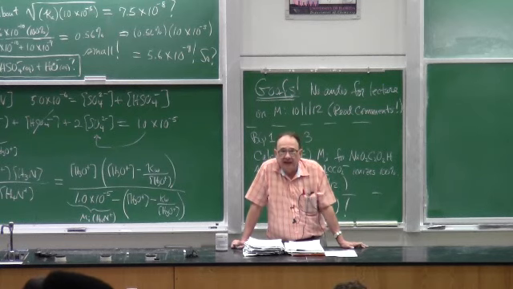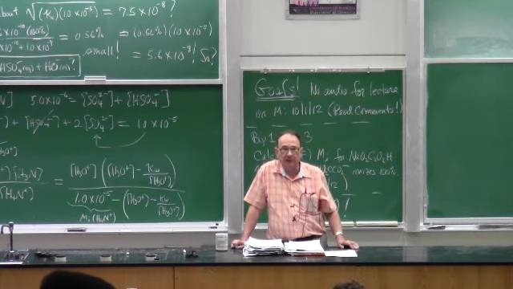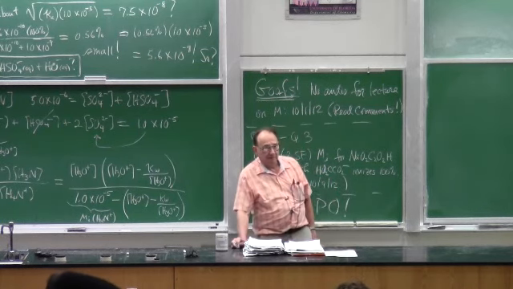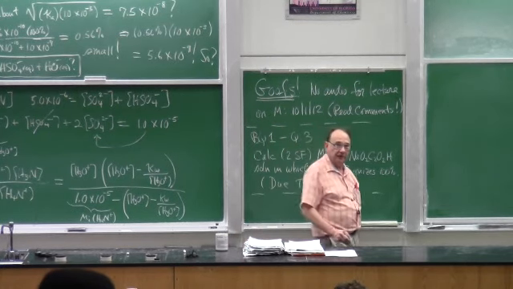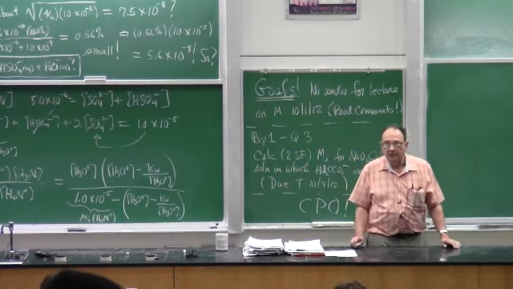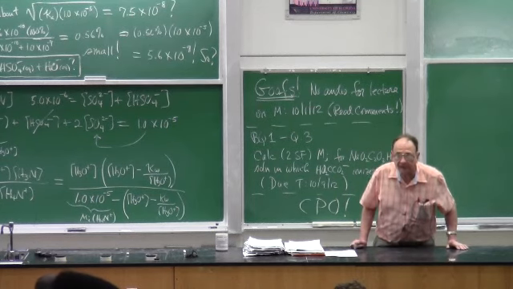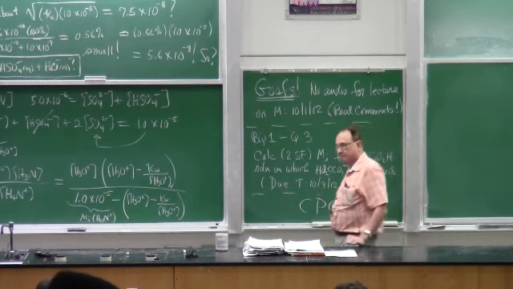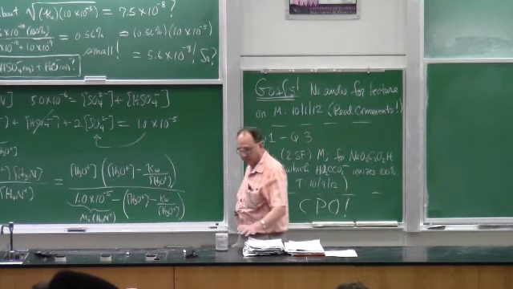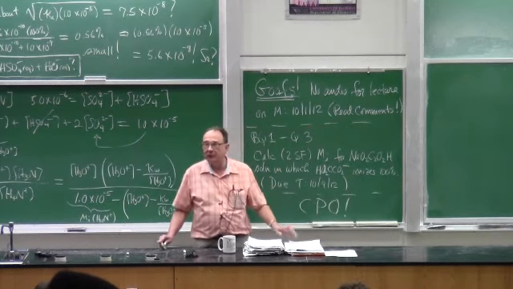Its label is K sub SP for solubility product. It corresponds to this solubility product. A material of limited solubility, an ionic compound of limited solubility in water, dissociating into its component ions.